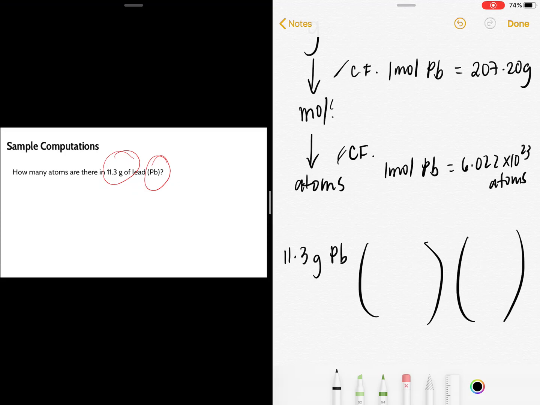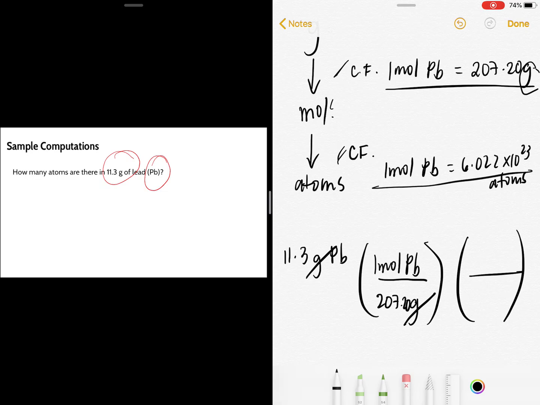So, dalawa yung ating conversion factor, so we have 2 parentheses. Kasi yung laman ng ating parentheses ay ang ating conversion factor. Dun sa unang parenthesis, sa denominator, yung grams, para mag-cancel po yung gram. Sa taas po, 1 mole ng lead.